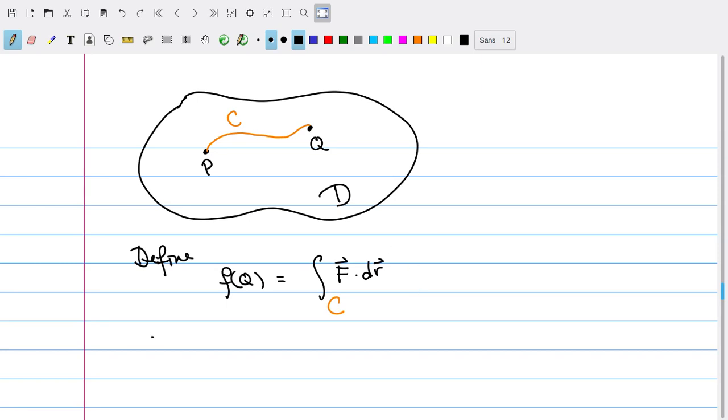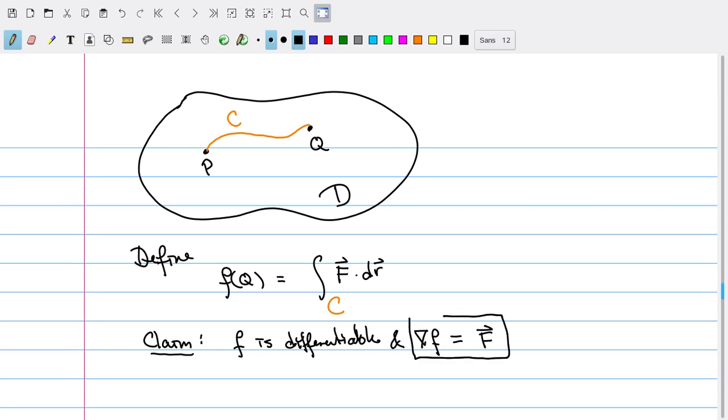My claim here is that f is differentiable and that the gradient of f, in fact, is my original vector field, big F. So we need to try to show this.